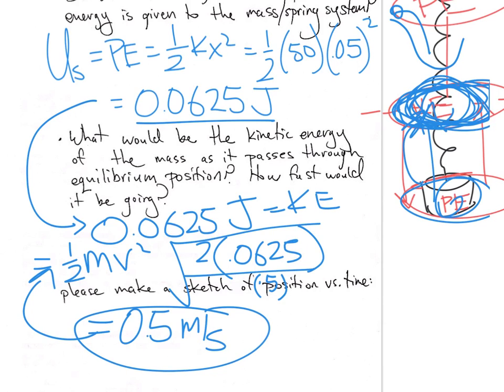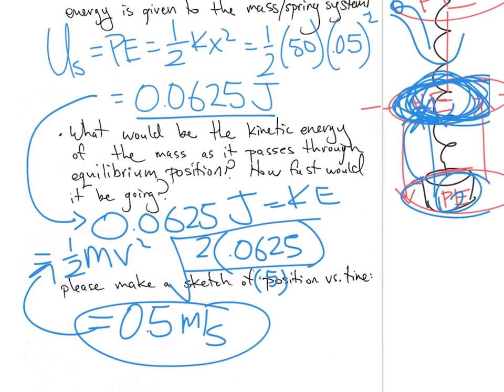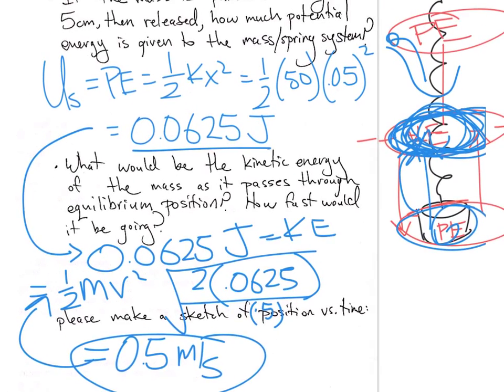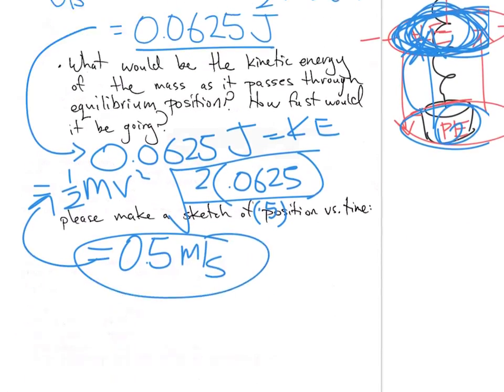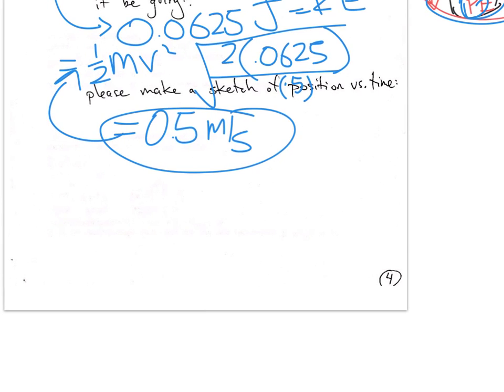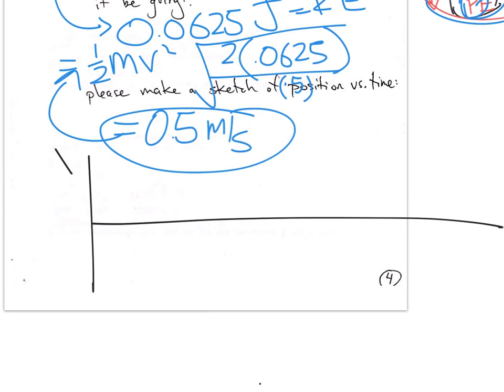And lastly, please make a sketch of position versus time. So what happens is initially we pull it down and we release it. So if we had position and we had time, here's position, here's time, and what was our period of oscillation from the previous page? I forget.